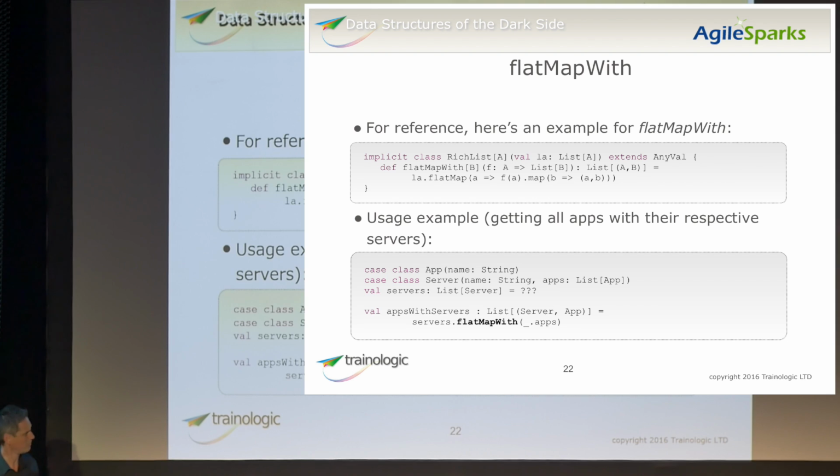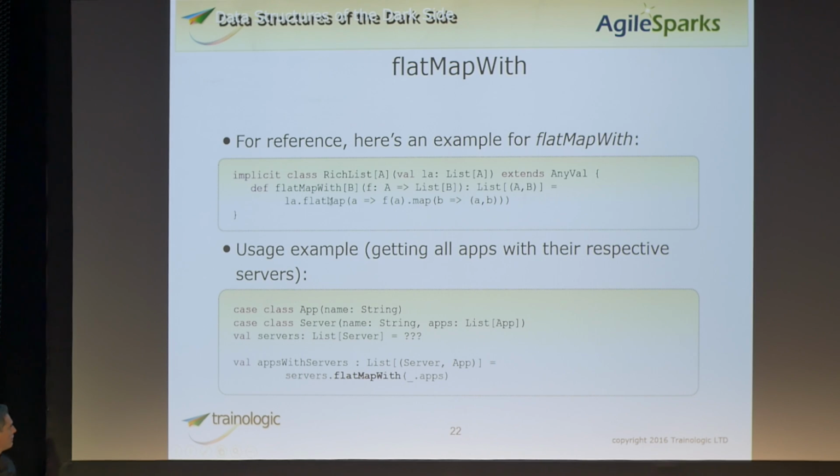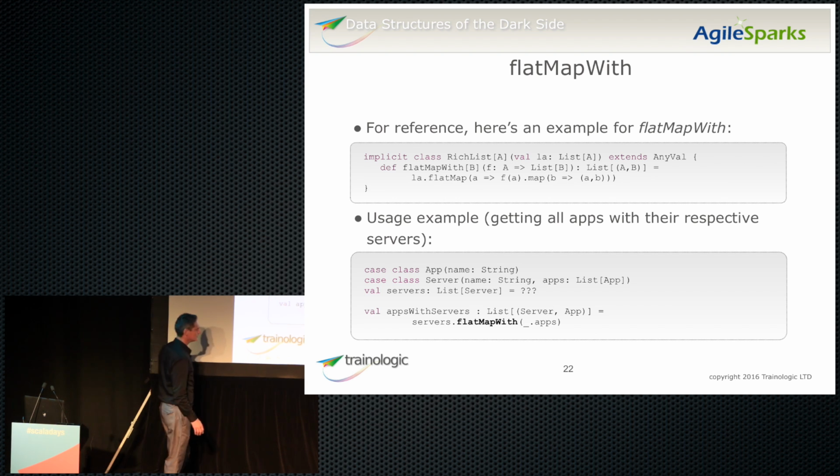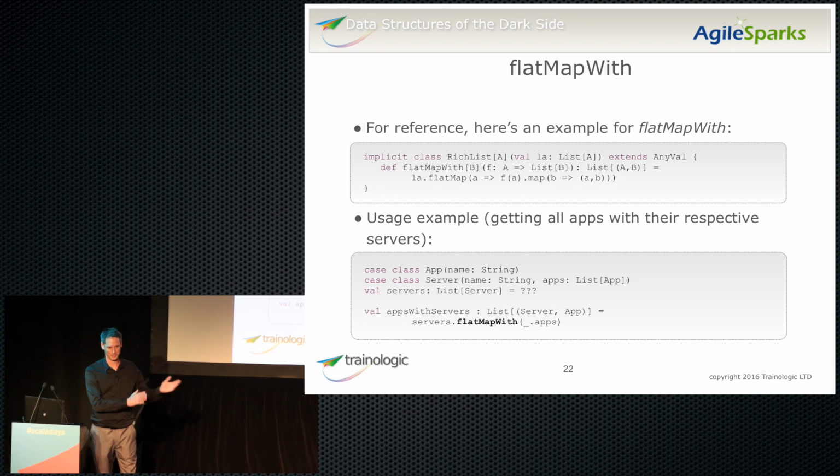And the implementation, very short. I do a flat map, and then I invoke the A and map each B to the tuple A and B. Okay? Very nice. Here is an example of usage. It's actually from a real project, actually in Java, God forbid. And I used something like the Scala libraries there, and actually with flatMapWith, something like that.